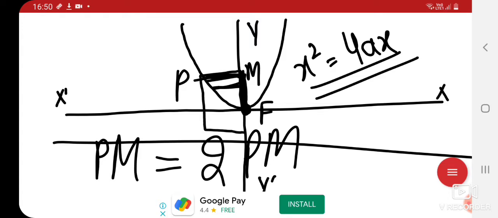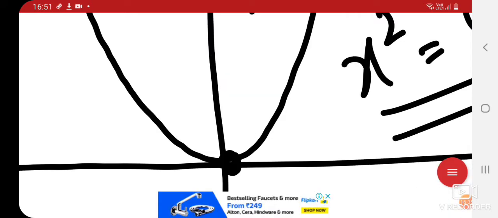Why? Because you know that you want to obtain a square, and in that square this side is equal to this side.